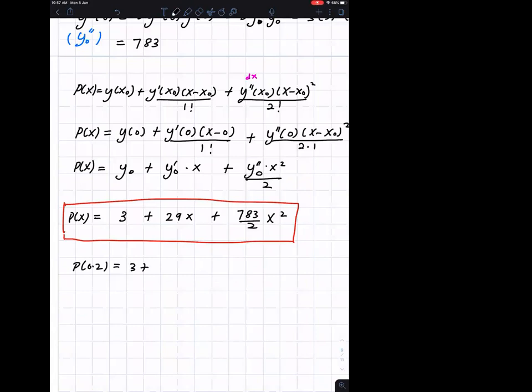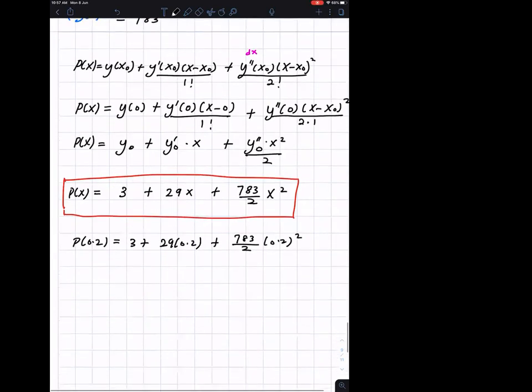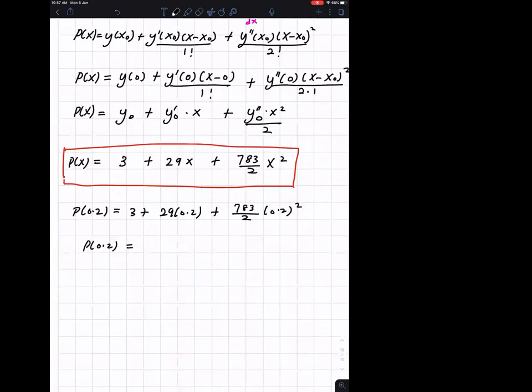3 plus 29 times 0.2 plus 783 over 2 times 0.2 squared, that is P of 0.2. So if you plug and chug, this will give you 5.8.